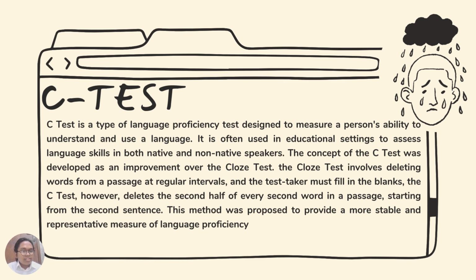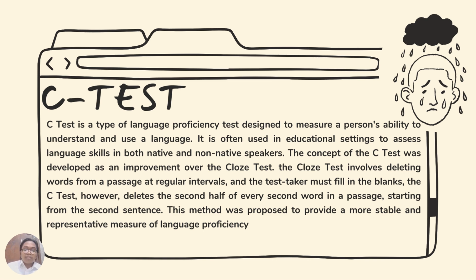So, the C test is a type of language proficiency test designed to measure a person's ability to understand and use a language. It's often used in educational settings to assess language skills in both native and non-native speakers.